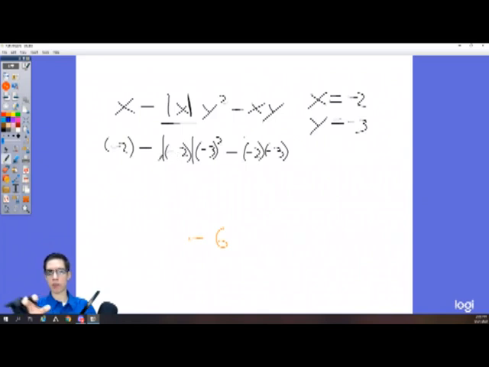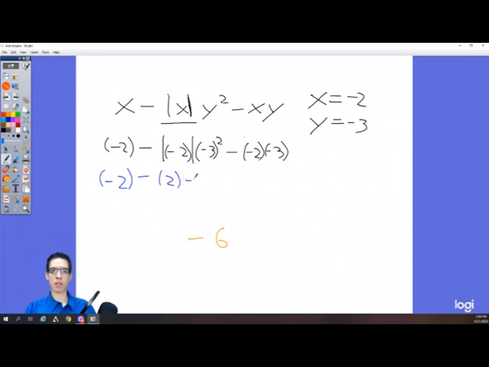Before we can get to the exponent, before we can deal with the multiplication over here, this is the first thing we have to take care of. And what that's going to do is take this negative 2 on the inside and turn it into a positive 2. So we've got negative 2 minus positive 2. Okay? Let me just copy everything else down. We've taken care of that parentheses step.